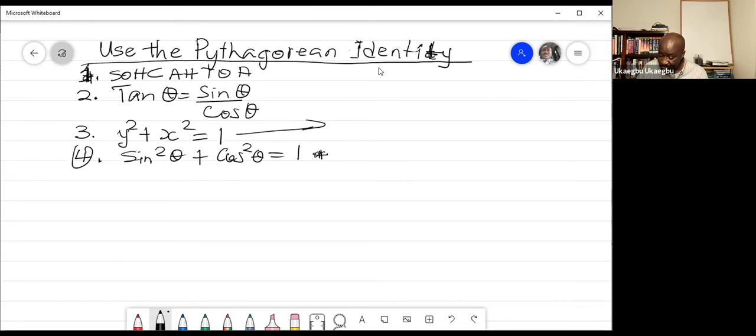All right. So because we are dealing with a unit circle, let's just draw a very nice circle. Let your circle be better than mine.